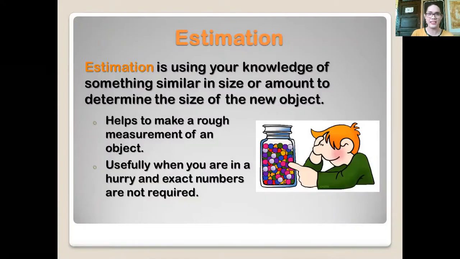Now let's go over a term related to measurement. We call it estimation. Estimation is using your knowledge of something similar in size or amount to determine the size of the new object.